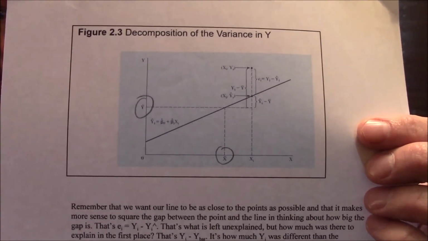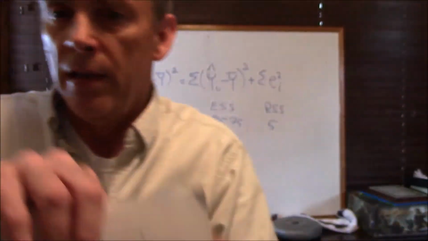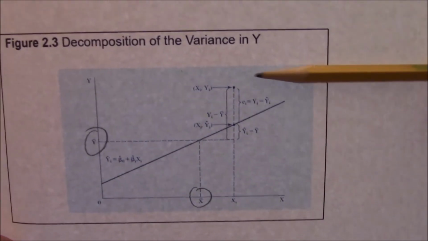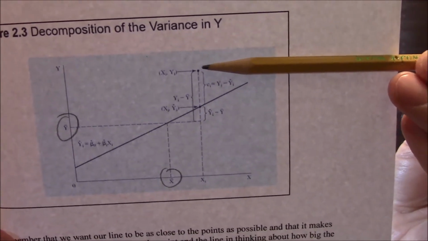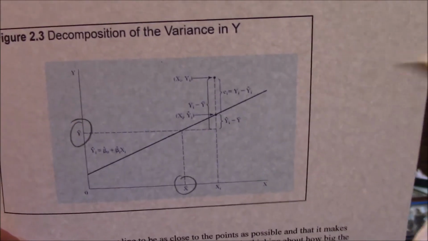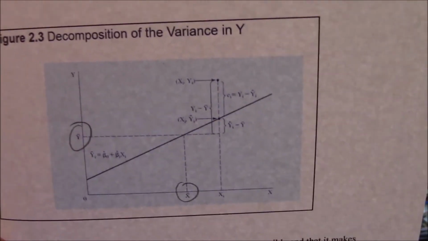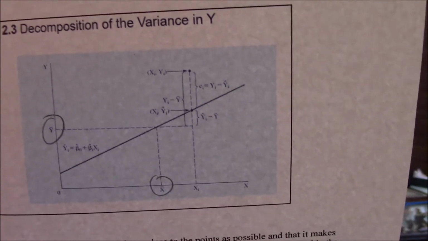Now, notice that this observation right here is clearly a larger y than average and a larger x than average, all right? And so we're trying to figure out, why wasn't this an average y? Why was it so far above the average y?